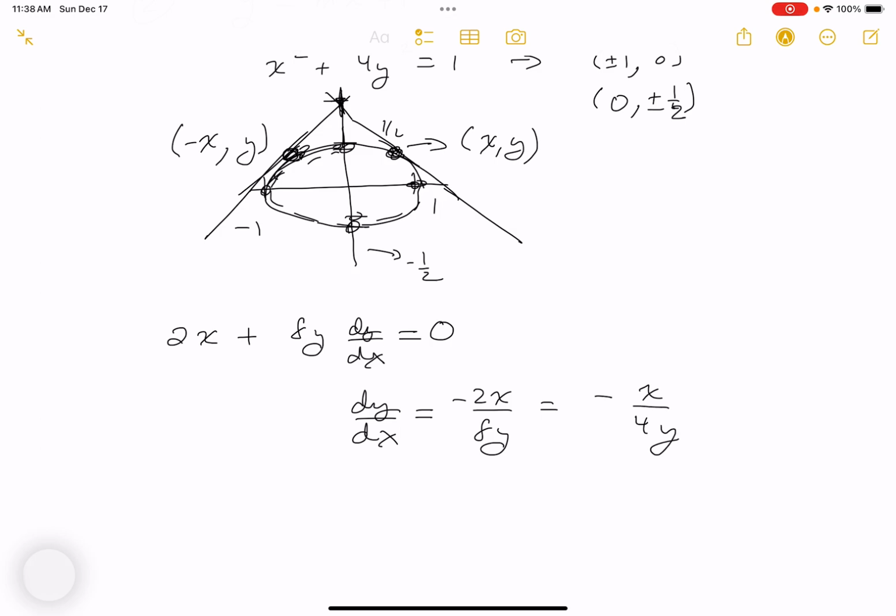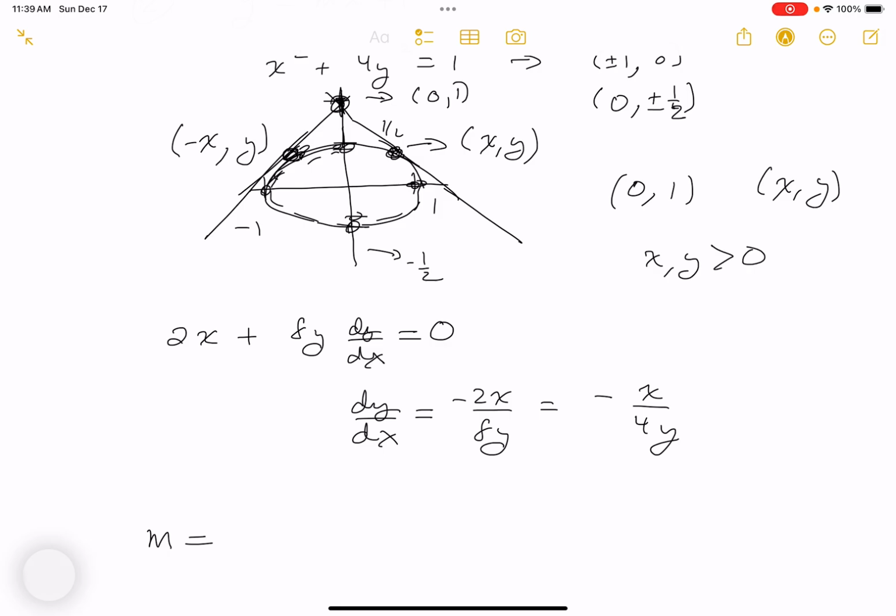Now I want to point out, I have a point here, and the point here is going to be 0, 1. So I know what m is. I'm going to be using 0, 1, and the point x, y, with the understanding that x and y are positive numbers looking at my picture.